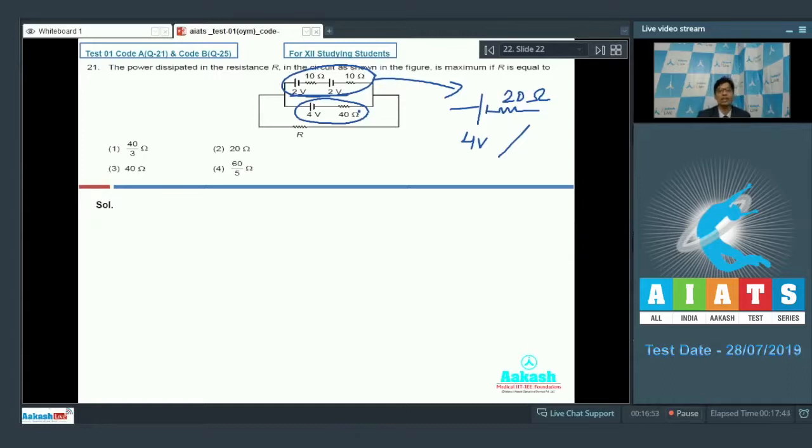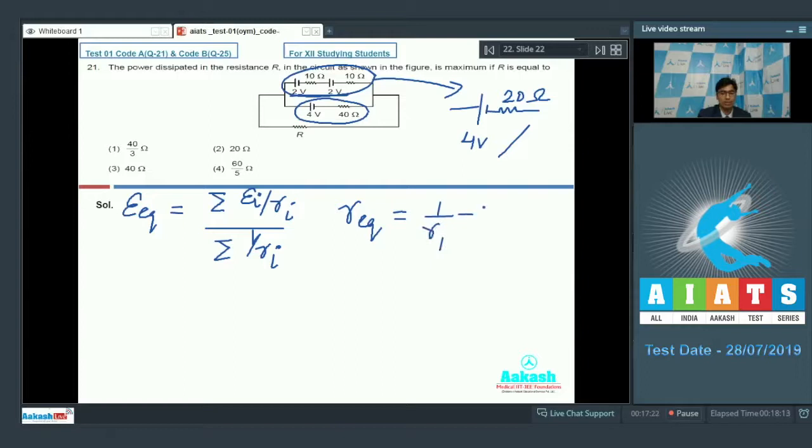So the net equivalent battery EMF and the net resistance of the battery can be calculated using these formulas. That equivalent E will be equal to the summation of individual EMFs divided by individual internal resistances, divided by the summation of 1 by Ri. And the equivalent internal resistance can be calculated as (1 by R1 plus 1 by R2) whole to the power minus 1.